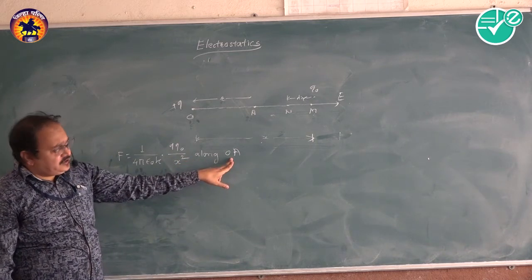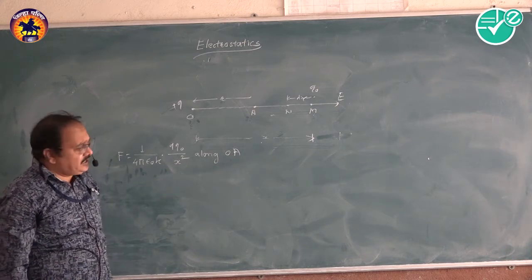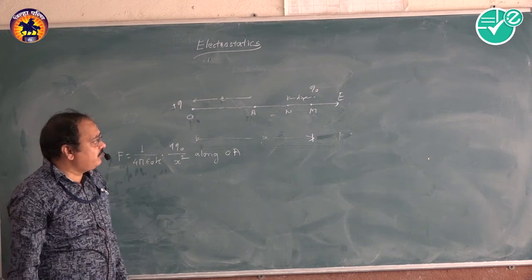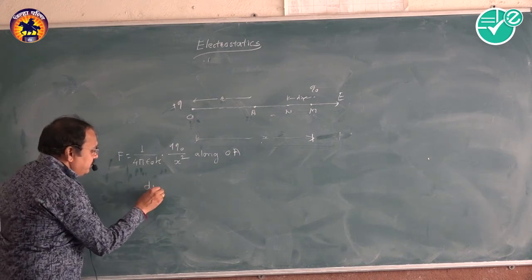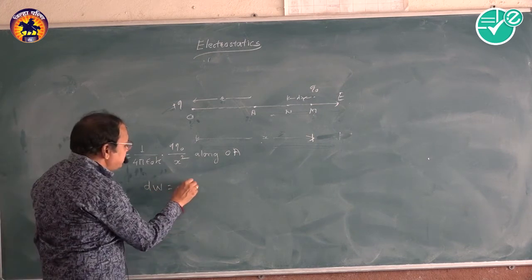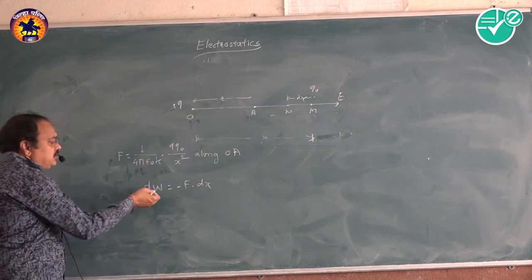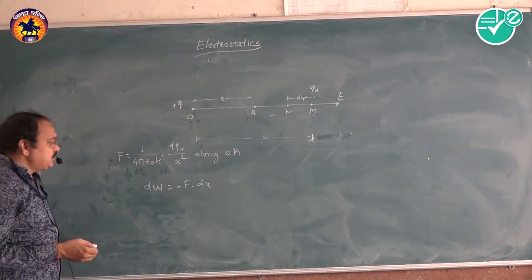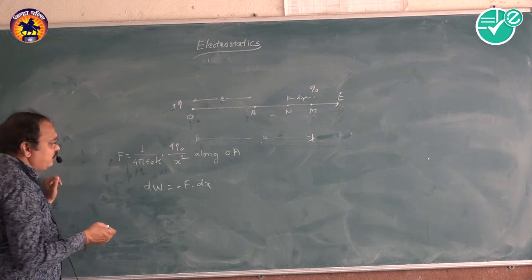So we know that dW is the small work done to bring that point charge from M to N. So dW equals minus F times dx. We know that force into displacement is nothing but work done, and we have the value of force.